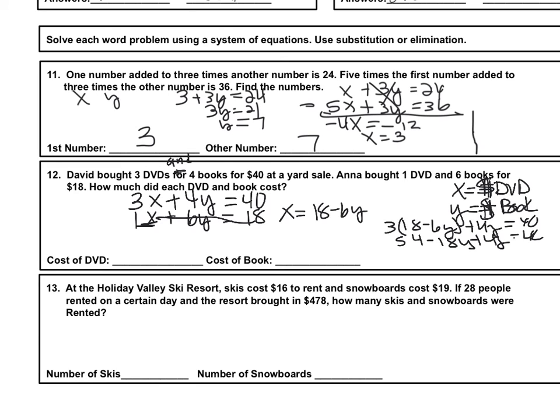So I'm going to subtract 54 on the other side. And my pen stopped. There we go. Combine your like terms. So negative 18 plus 4 is negative 14y equals 40 minus 54, which is negative 14. So y equals 1.